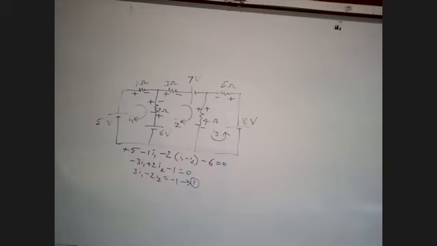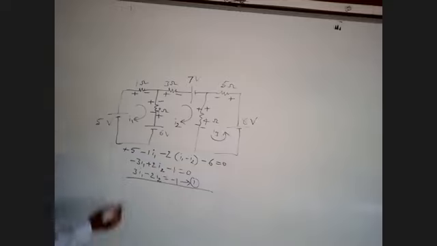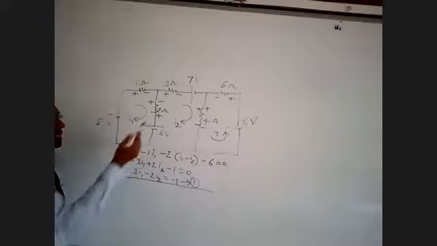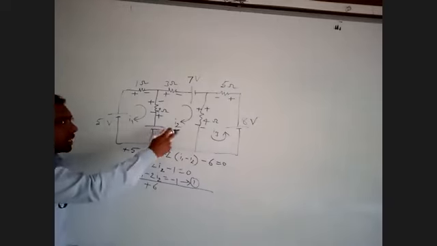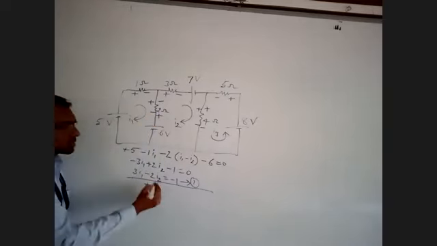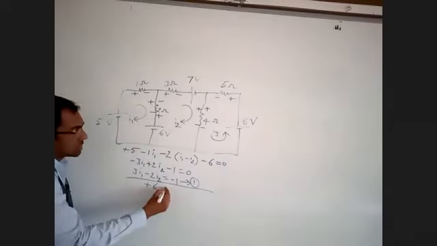Okay, now come to the second loop. Start from any point. I am starting from 6. I2 is going from minus to plus, so plus 6. I2 is going from plus to minus across the 2 ohm resistor, so minus 2. You have to see I2 direction only.